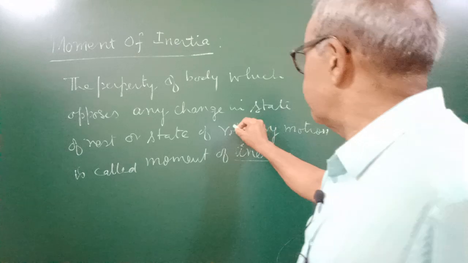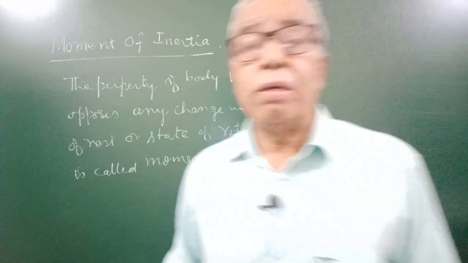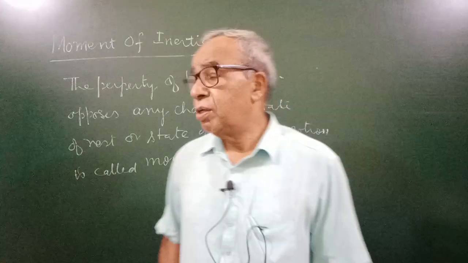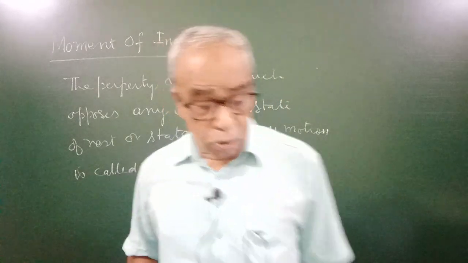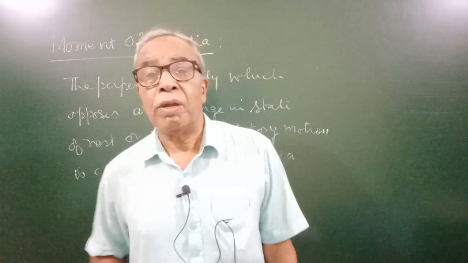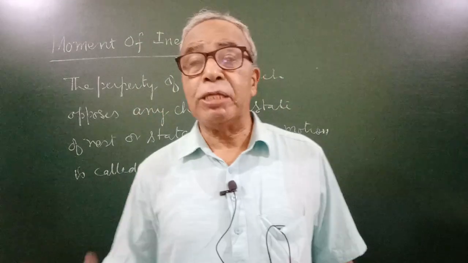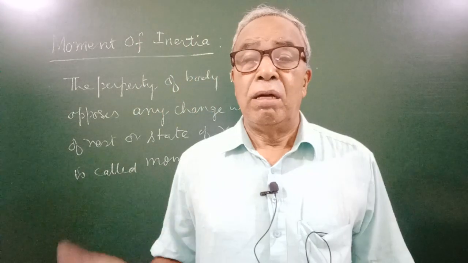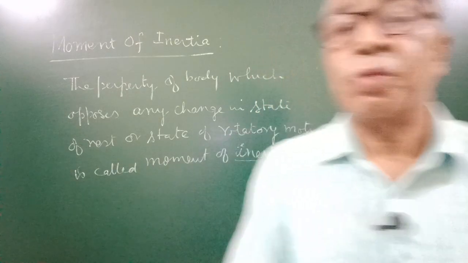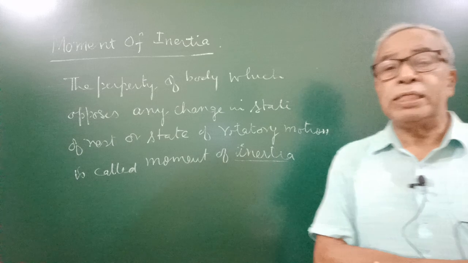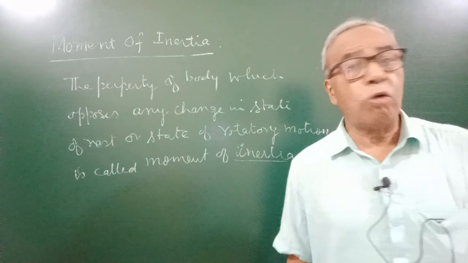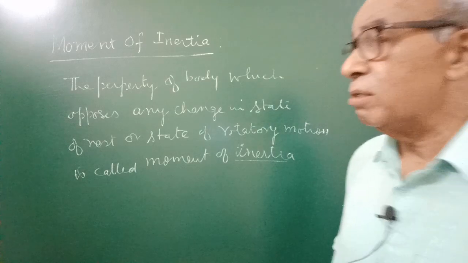The property of a body which opposes any change in its state of rest or state of rotatory motion. You see, you start the fan of your room, that starts rotating initially with a smaller speed and gradually picks up the speed and runs at full speed after some time. What is that? We do not allow the fan to pick up the speed at once.